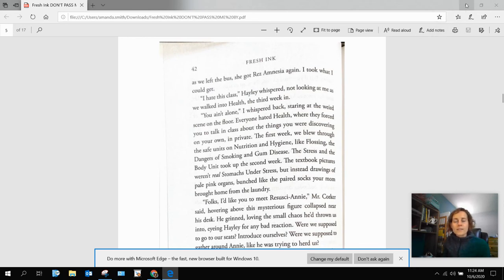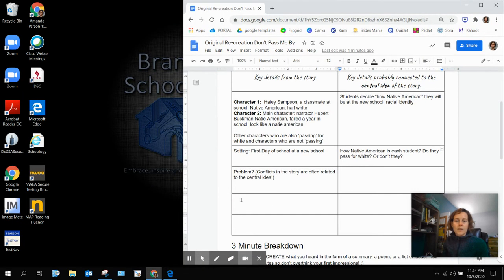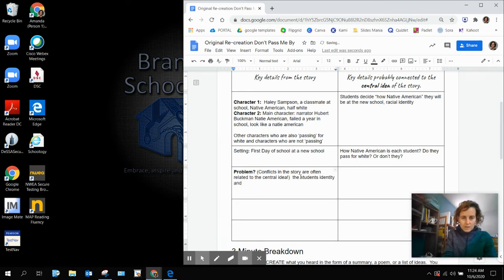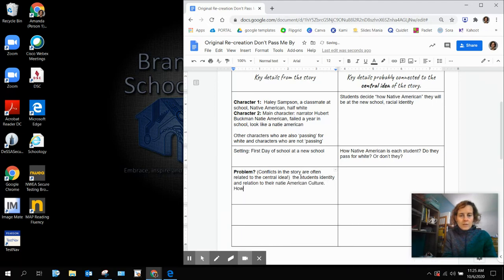Okay, so we definitely have an idea of what the major problem in this story is. The major problem is the student's identity. So I'm going to make that bold just so it's easier to see. That's the big question, is how Native American are they?